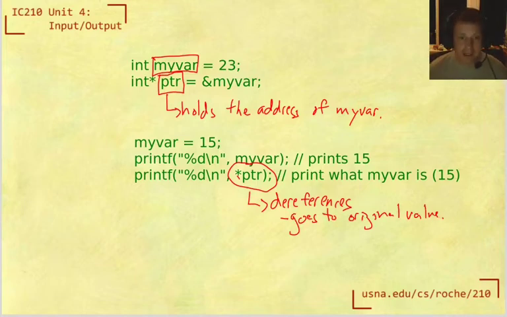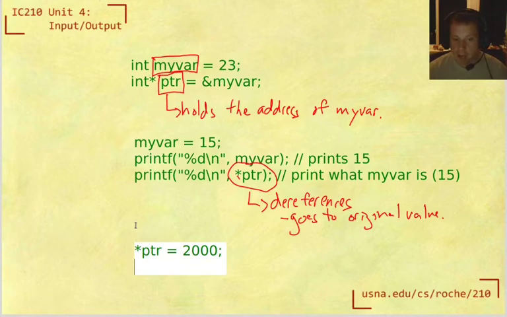And besides that, we can also use dereference to actually modify the original value. So I can also say something like star ptr equals 2000. And now if I do that, I have changed what? I haven't changed the pointer because the ptr is still pointing to the same place that it was.